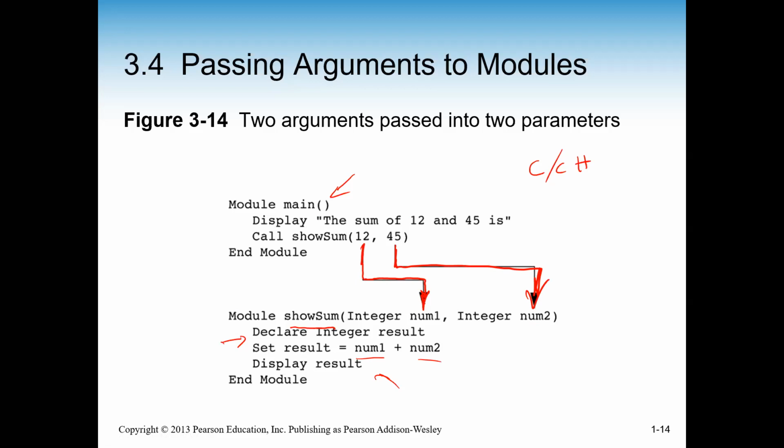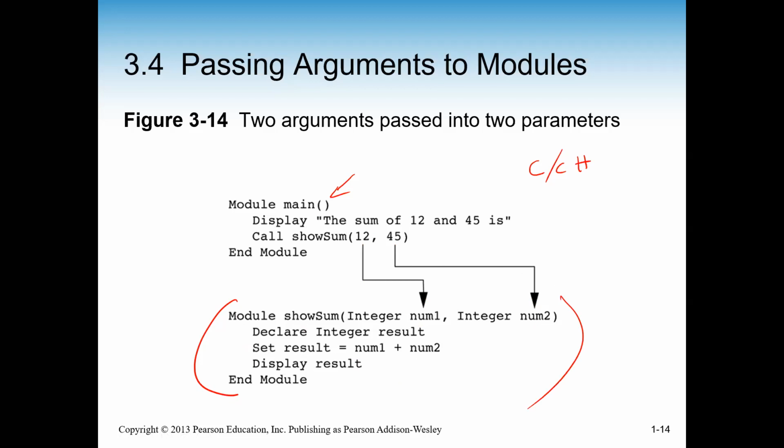No question? So 12 and 45 were already in the module, so when it went to set result from num1 plus num2, it was already there. Remember, you define this with variables num1 and num2, but when you define this piece of code it has no actual values.